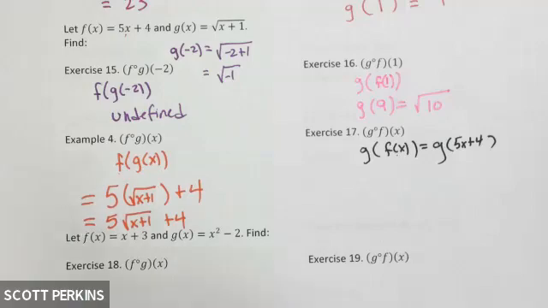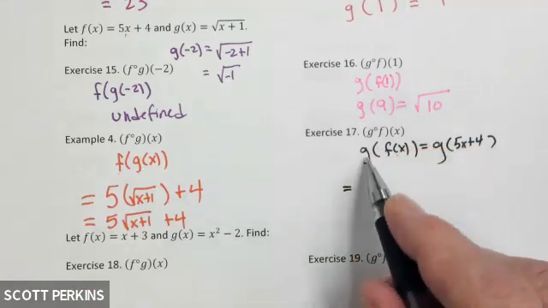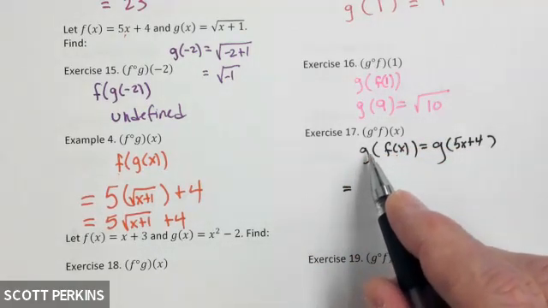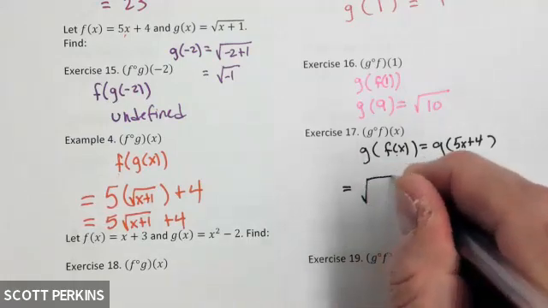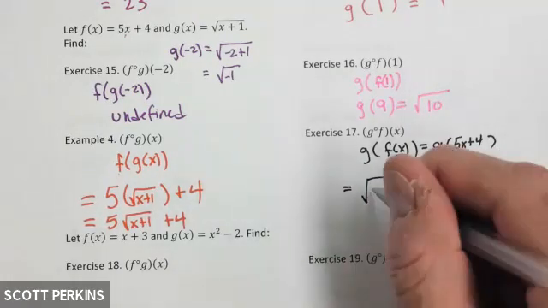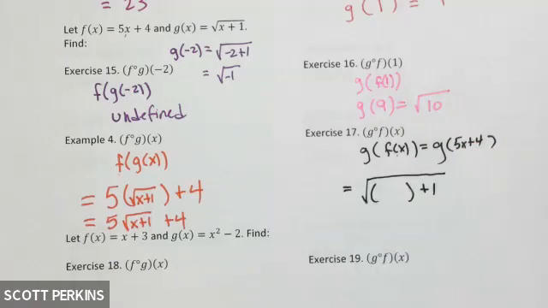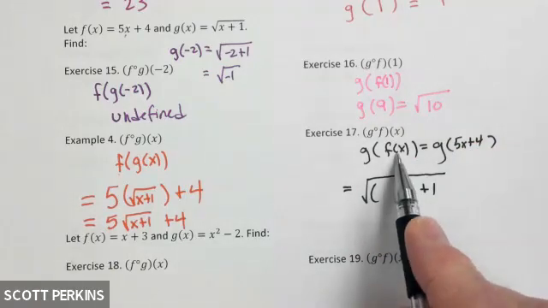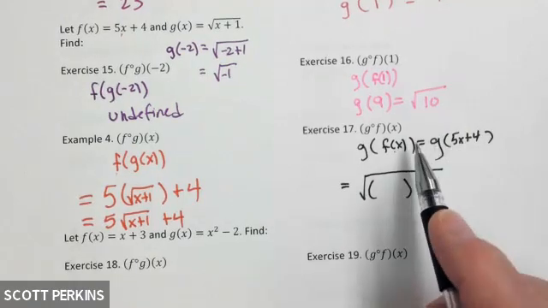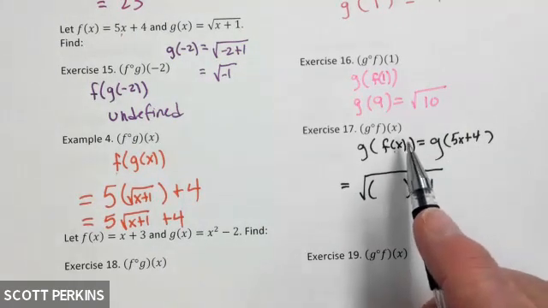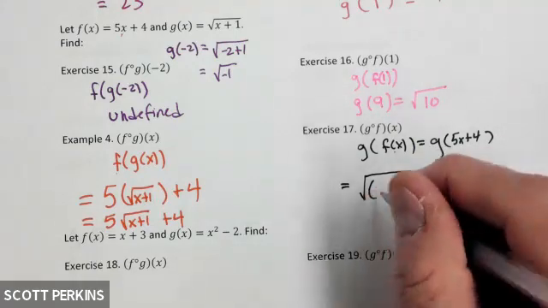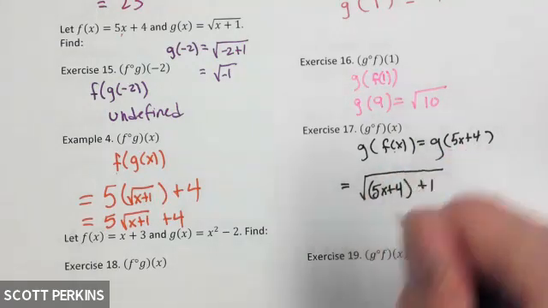If you don't like to do that, it's fine either way. So what I'm going to do is rewrite the function g down here. So I've got the square root of x plus 1. This time what I'm plugging in is f of x, or in other words, 5x plus 4. So wherever there was an x in the function g, which I've now made a parenthesis, I'm going to put 5x plus 4.